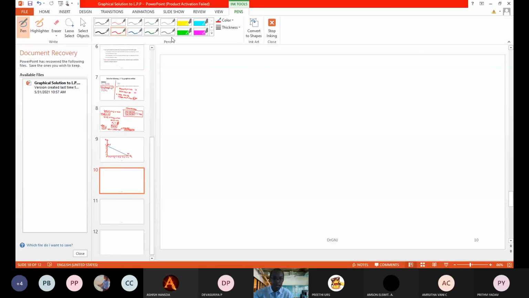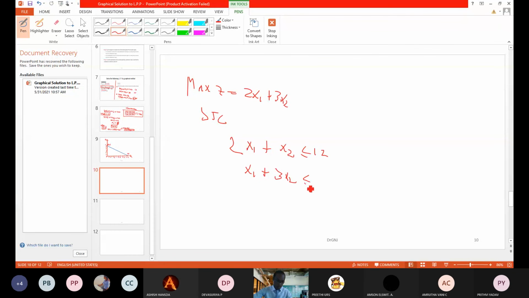You are going to have max z equal to 2x1 plus 3x2, subject to the constraints: 2x1 plus x2 less than or equal to 12, and x1 plus 3x2 less than or equal to 15, where x1, x2 are greater than 0.